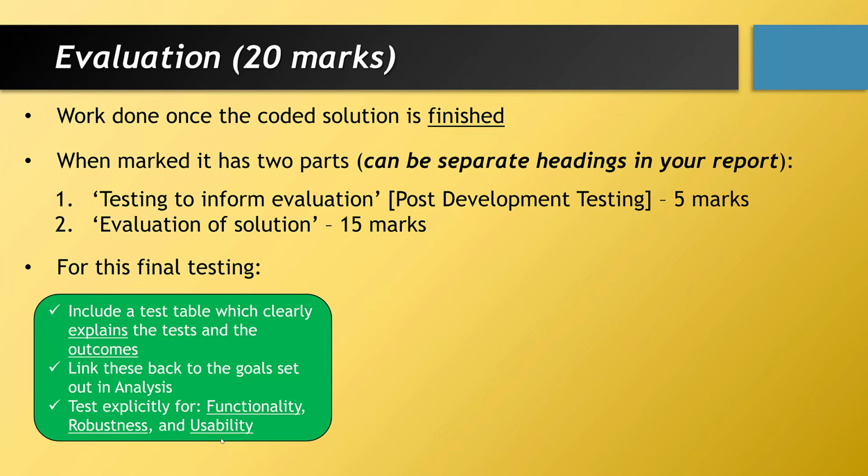Etc. And usability is much more about when it is sat in front of your end user, do they understand what's going on? Can they use the features? Are the features useful to them? You know, some of the functions might work, but might actually not be very useful to your end user. So the first 2 you can do yourself. The last one, in an ideal world, you can get an end user to be involved and to help you with that.